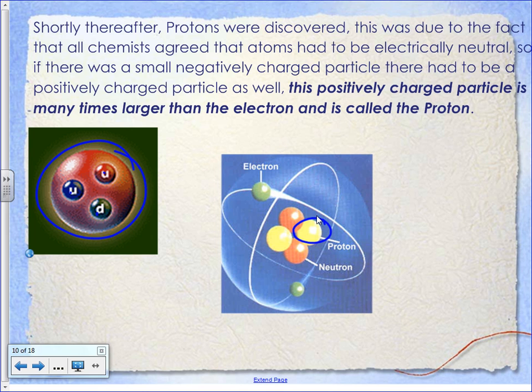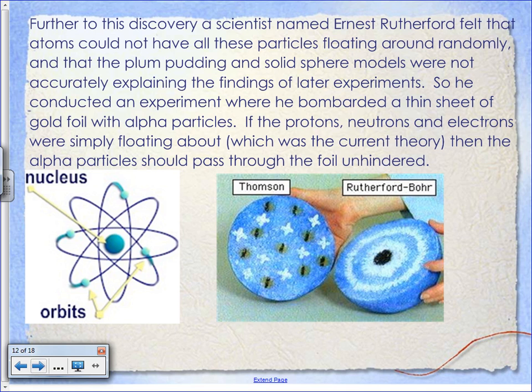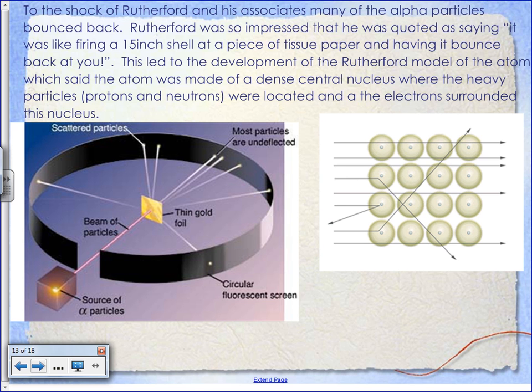Now, the most important experiment in modern physics and chemistry came along by this guy named Rutherford. What Rutherford did is he created an experiment, and I think I have a picture of it here, with this gold foil.